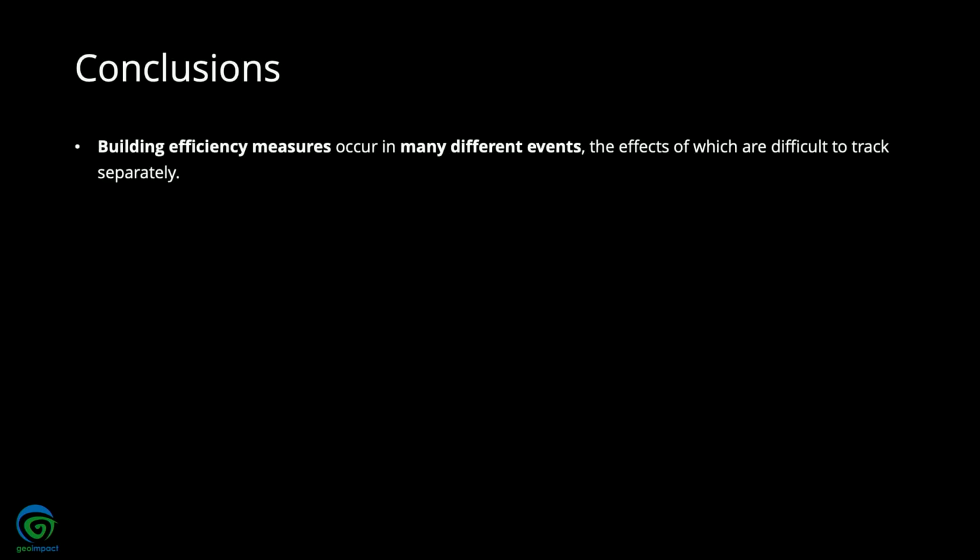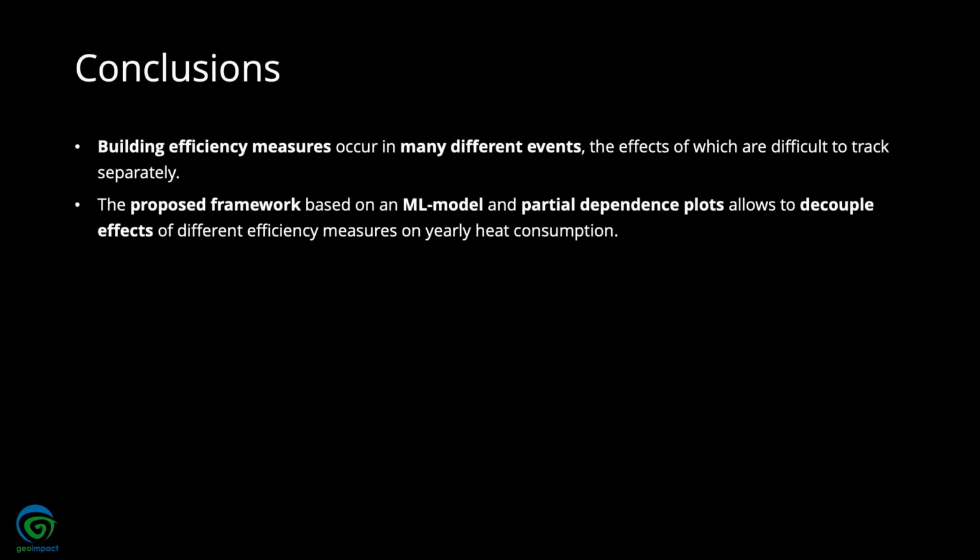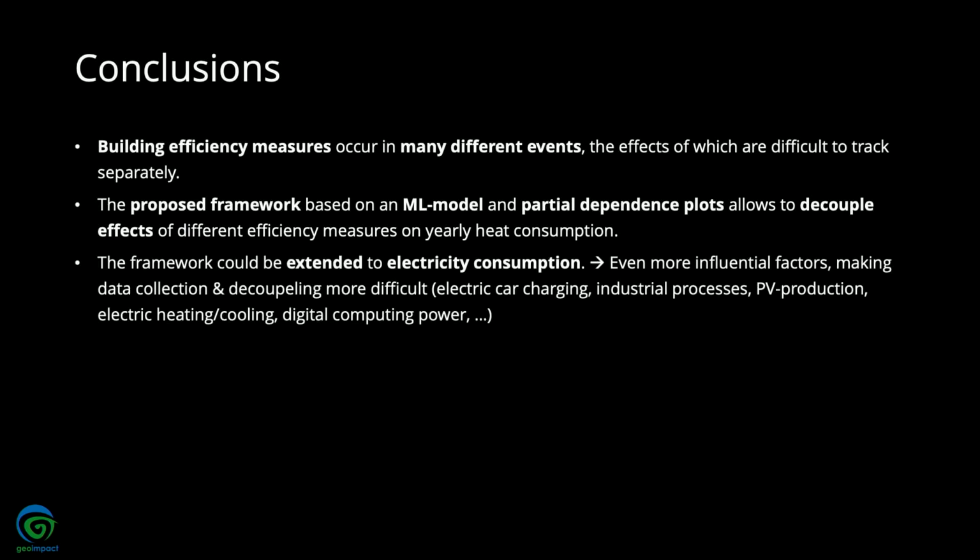So the conclusions, we have seen that building efficiency measures occur in many different events, and the effects of them are hard to track separately. And we proposed a framework to separate these effects on the consumption and specific heat demand based on the machine learning framework. And yeah, this framework could also be extended to electricity consumption.